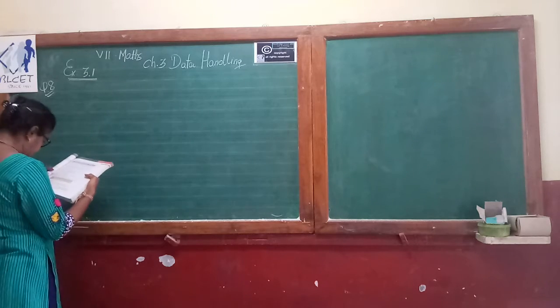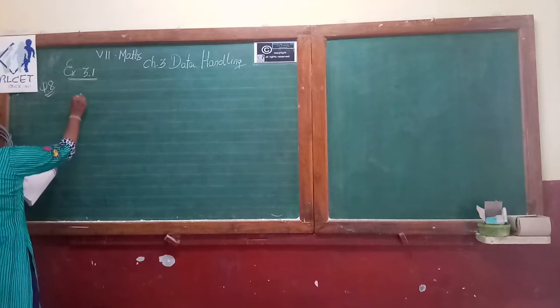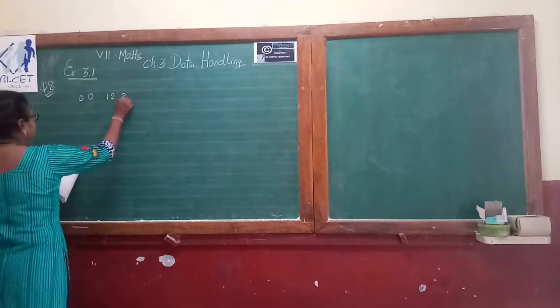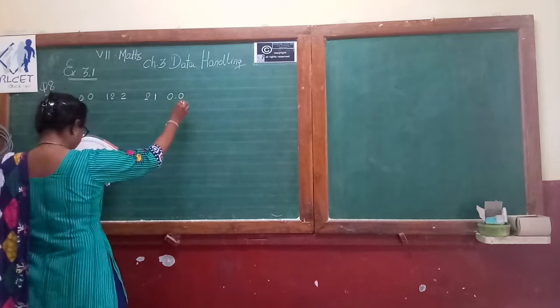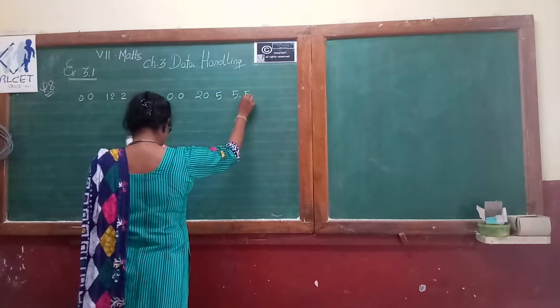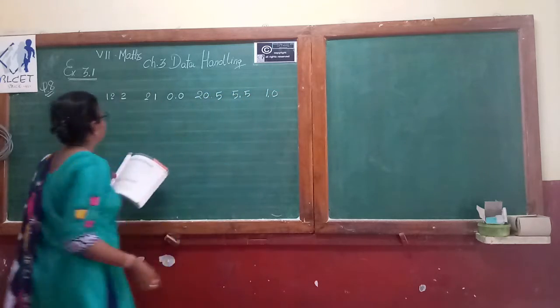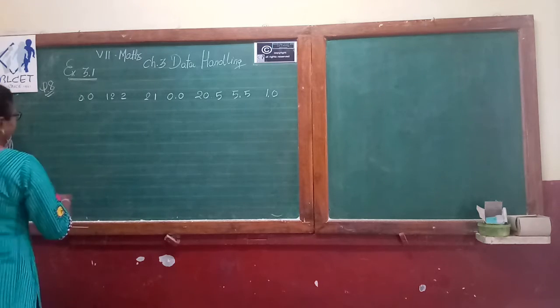On Monday 0.0, then 12.2, then we have 2.1, 0.0, then 20.5, 5.5 and 1.0. If you don't want to arrange, it's okay. What is the lowest one?